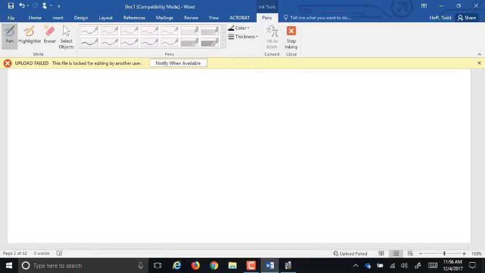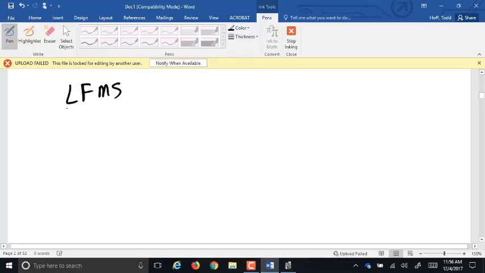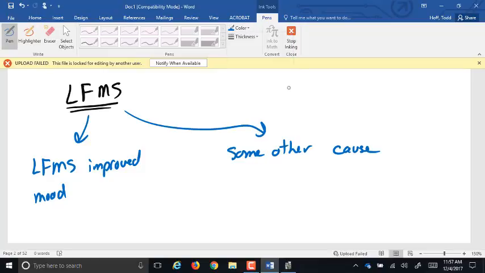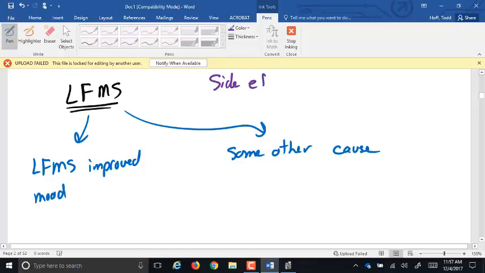Well, let's look at the other one, the low frequency magnetic stimulation. Now, there's a possibility that the LFMS improved the mood, or there was some other cause. If you looked at that article carefully, there was a side effect. Does anybody remember what that side effect of the LFMS was?